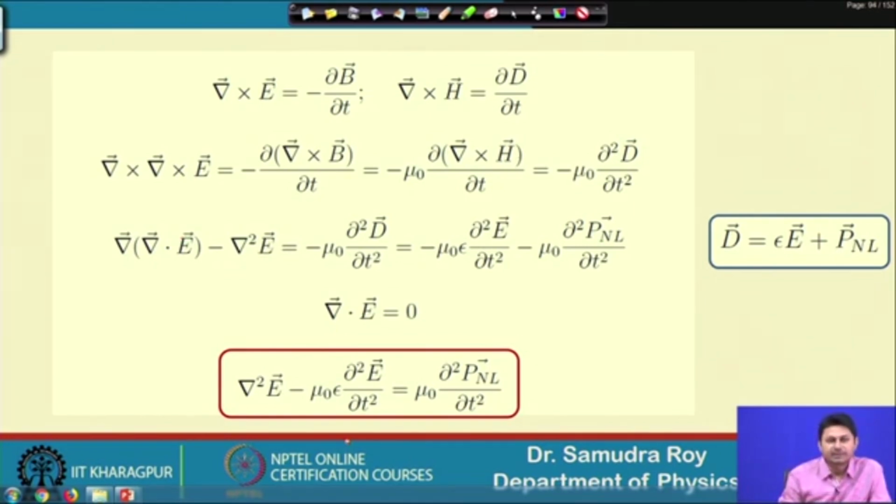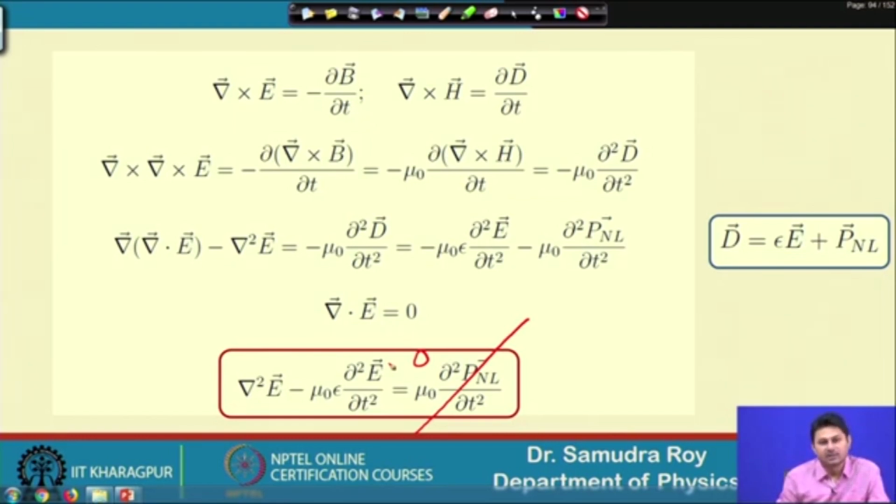One very important aspect we find in this equation is that normally this term is not there. When we consider everything to be linear, or the polarization is a linear polarization, this is equal to 0, and then we have a plane wave solution.